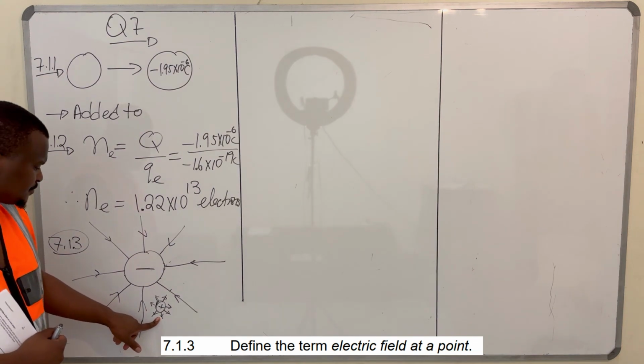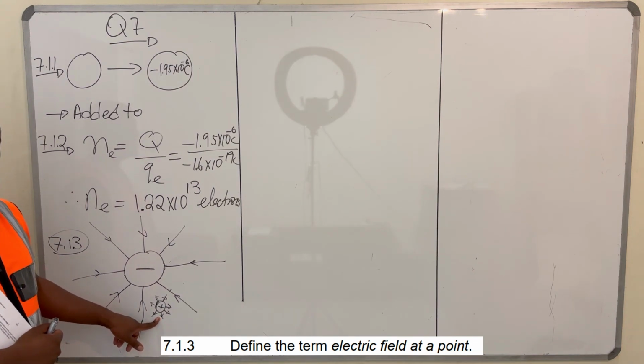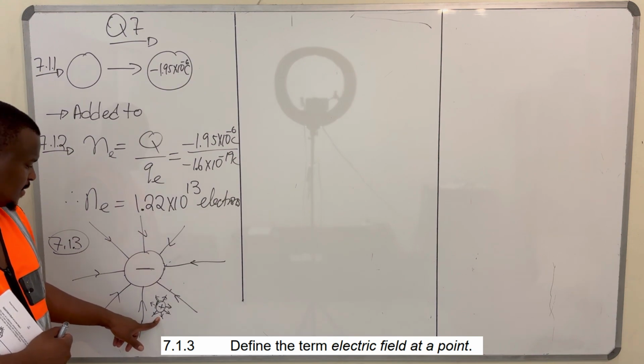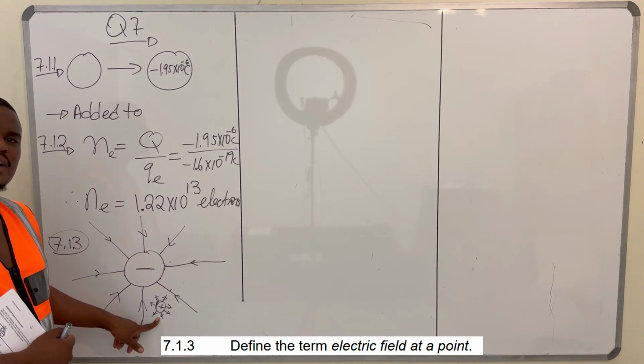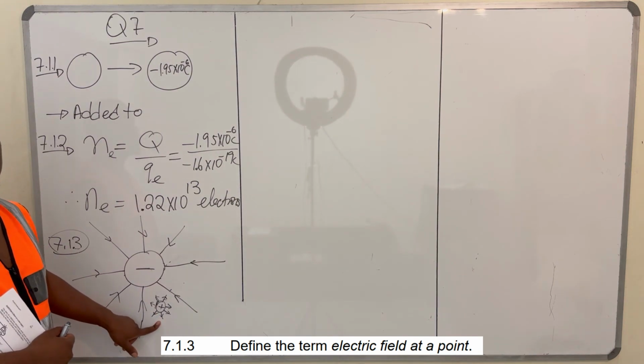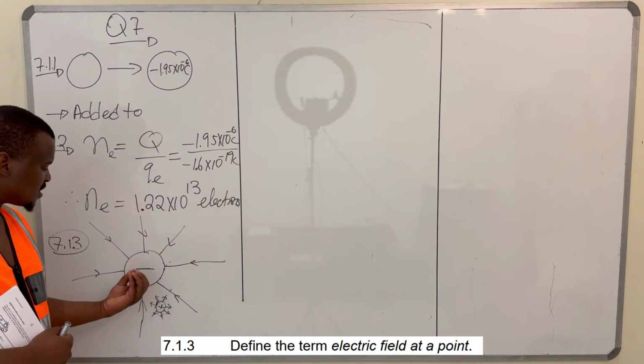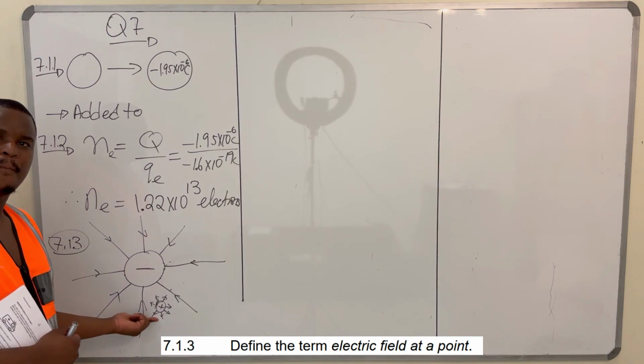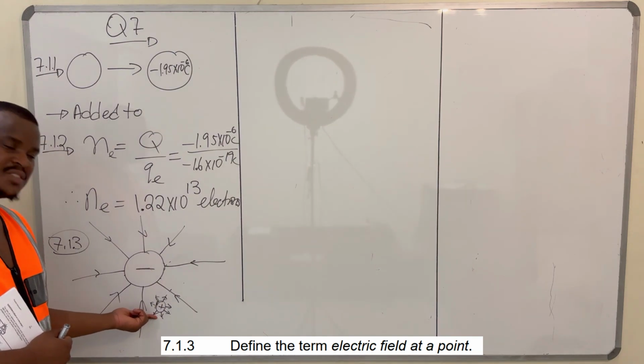Which means electric field is not a force, right? But it is the measure of how much force per coulomb of the charge that I've placed here, which is how much electrostatic force is experienced by each coulomb of charge that is placed here.